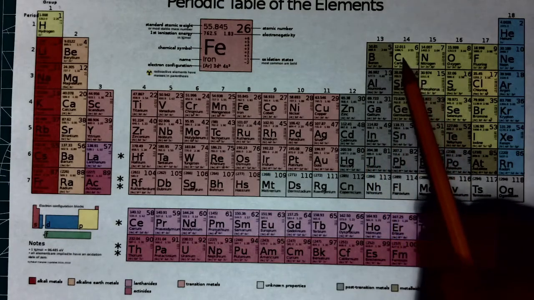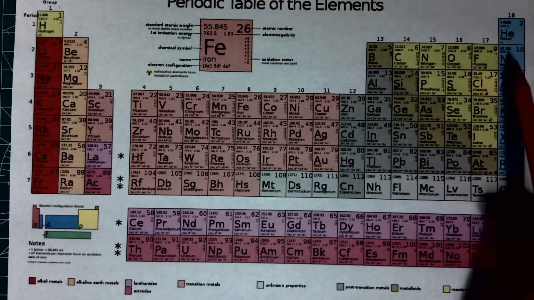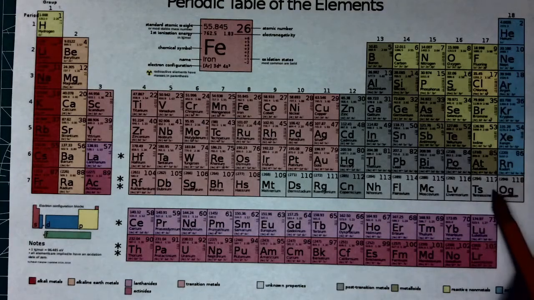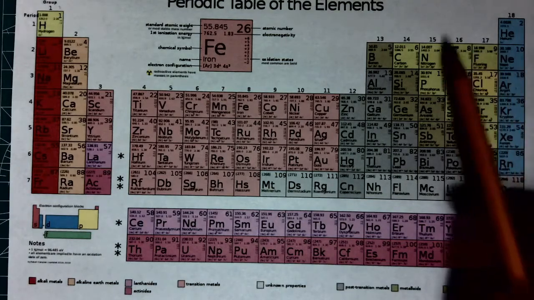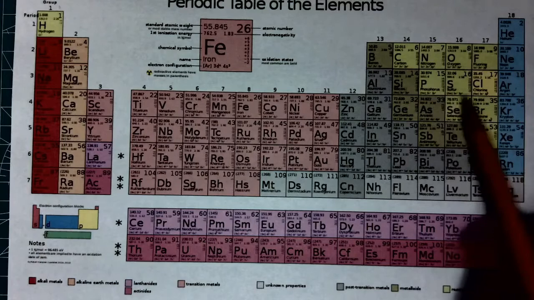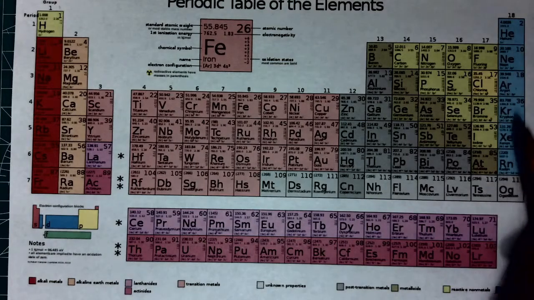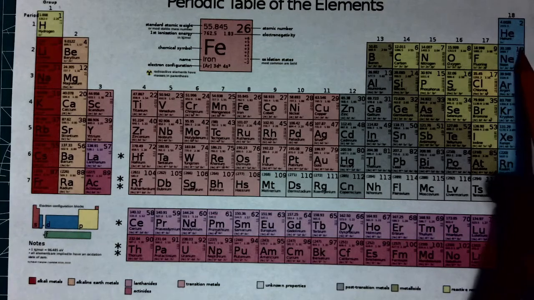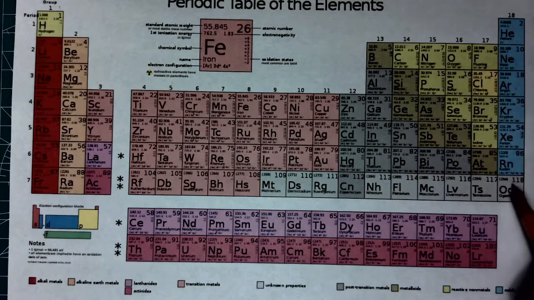All of the ones to the right of that, including this yellow piece here and the blue column here, are what they call non-metals. This blue column indicates the noble gases, and they're mostly completely inert.